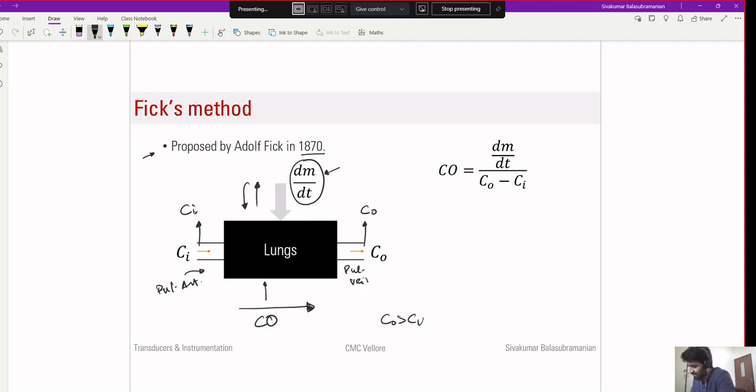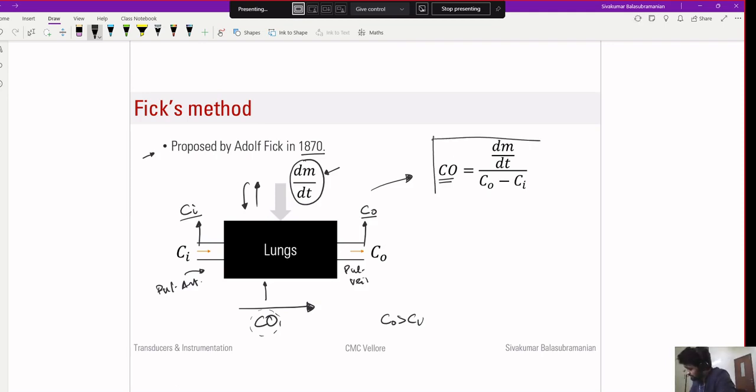Okay. Now the question is, if we have these three, can we say something about this flow? It turns out there is a way, and that is the method that Fick proposed. Fick simply said, by monitoring the concentration of oxygen on the input side and the output side, and looking at the rate at which oxygen is being absorbed in the lungs, we should be able to determine the flow of blood through the lungs, the volume flow rate.